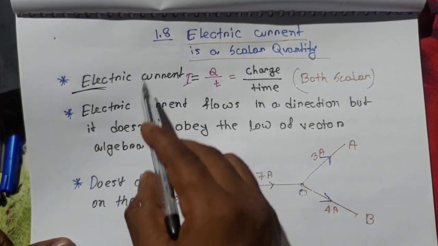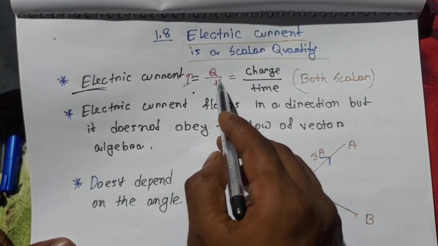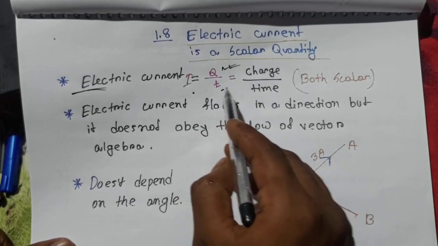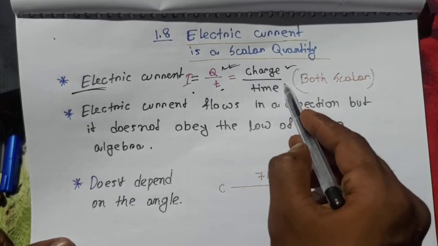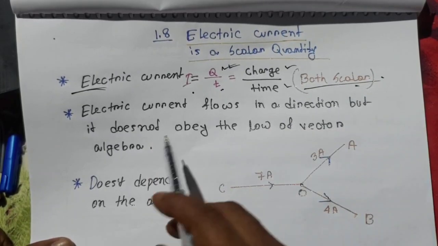First look here: electric current I is equal to Q by T. Q is electric charge, T is time, and charge and time are both scalar, not vector.